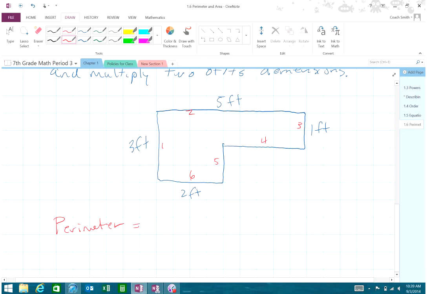Okay, the first one I'm going to start with is number 1 right there, and that's 3 feet, plus 5 feet, plus 1 foot, plus, now we have to figure out what 4 and 5 are. How do I figure out what number 4 is, side number 4? What do you think it is? It's not hard. 3 feet. Why do you think 3 feet?